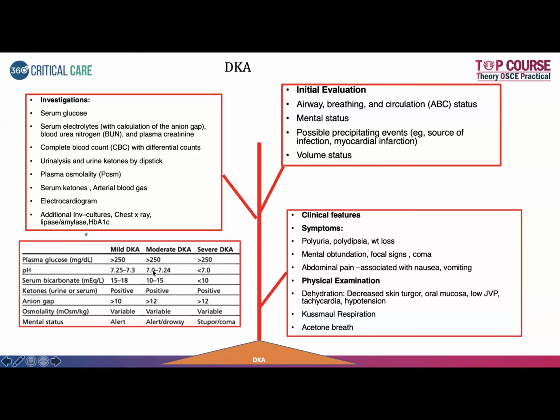Moderate, if the pH goes down even more, 7 to 7.25, the bicarbonate is 10 to 15, and the anion gap is more than 12. Patient is alert, but can be drowsy as well. Severe: pH less than 7, bicarbonate less than 10, anion gap more than 12, patient is in stupor or coma. So this is the classification of DKA.